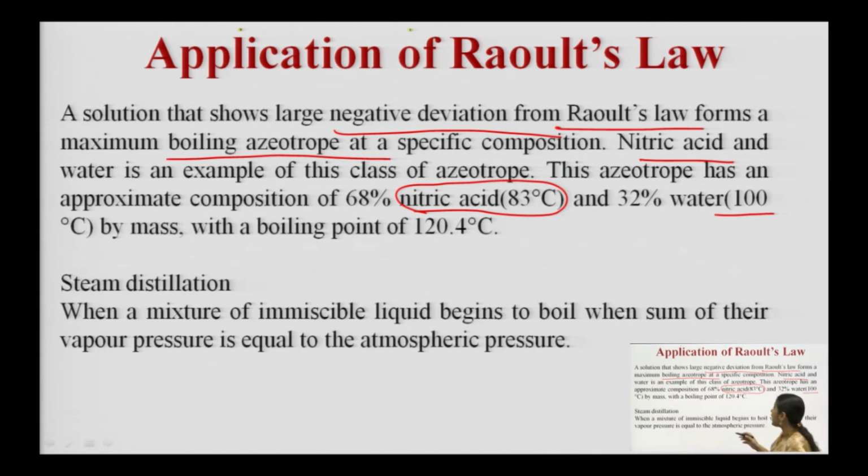But when they are heated together, they form an azeotropic mixture, and the mixture boils at 120.4 degrees Celsius. They start boiling together at this temperature, which is higher than the boiling temperature of nitric acid and of water. So, they form maximum boiling azeotropes.